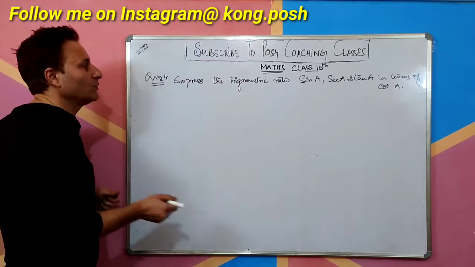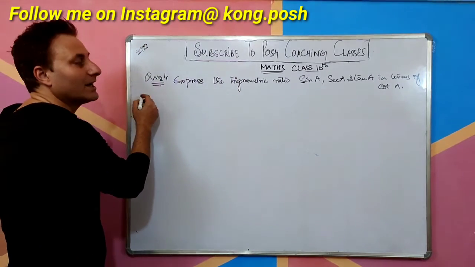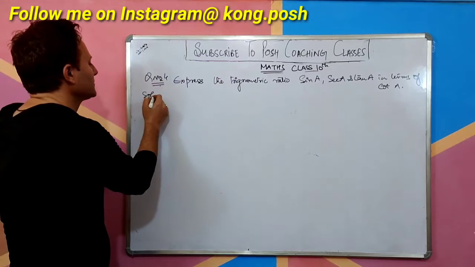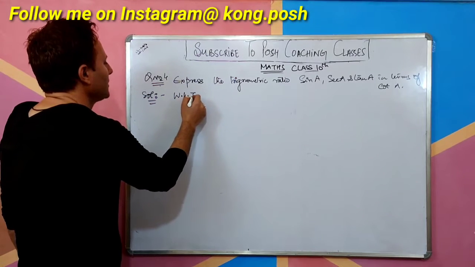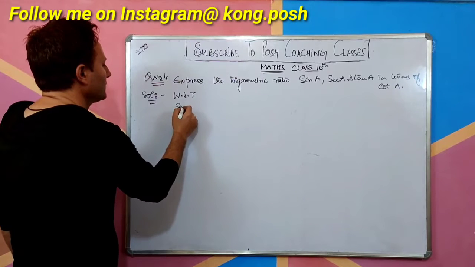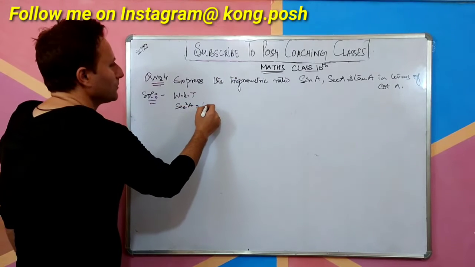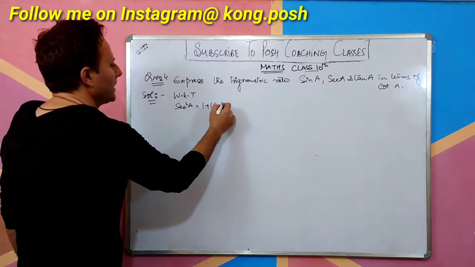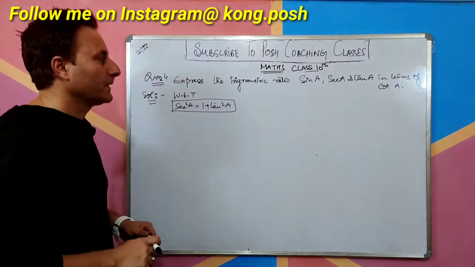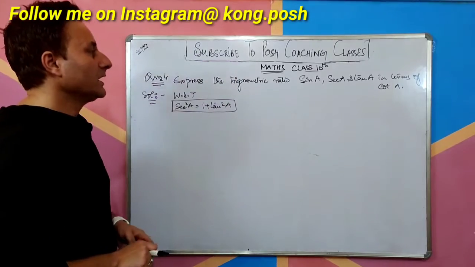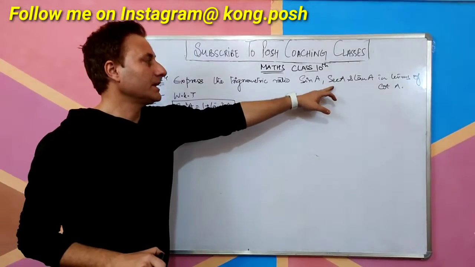Alright, so we'll try and use the identities. Let's take the first identity. We know that sec square A is equal to 1 plus tan square A. This is one identity. Now I need to find sec. It is there.